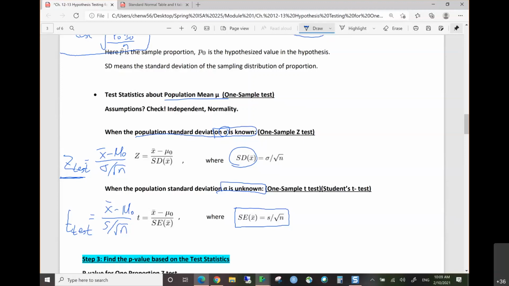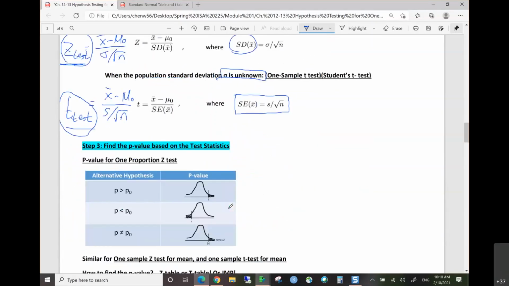So if we are testing the population mean, you need to be careful whether you want to use the z-test statistic or the t-test statistic, because this is a very, very important step. The next step, we need to decide the p-value from either the standard normal table or the t-table. Right?